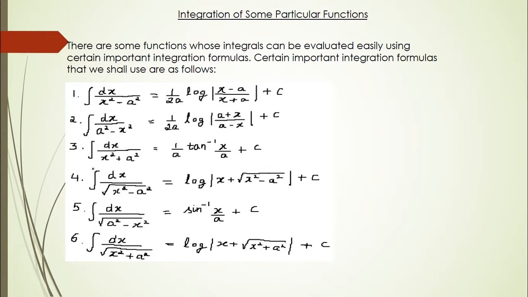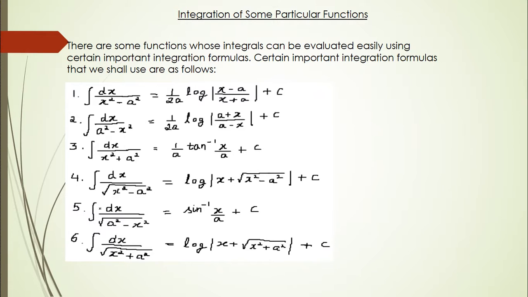The third is integral of dx divided by x square plus a square is equal to 1 by a tan inverse x by a plus c. The fourth is integral of dx divided by root of x square minus a square is equal to log of modulus x plus root of x square minus a square plus c.